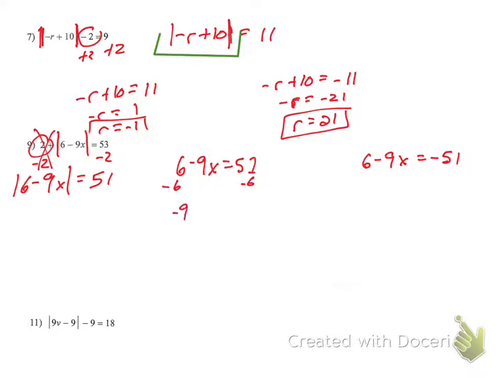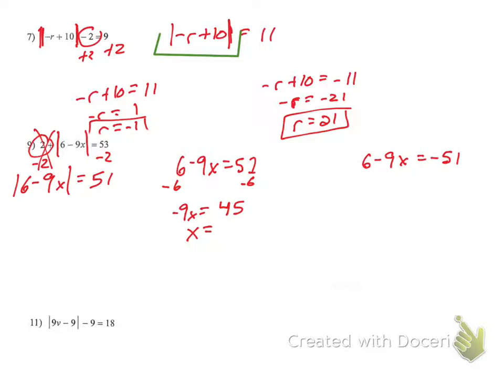So I'll have negative 9x is going to be equal to 51 minus 6, which would be about 45. So I divide by negative 9, and I get a negative 5, I believe.